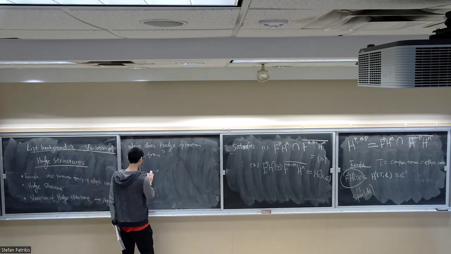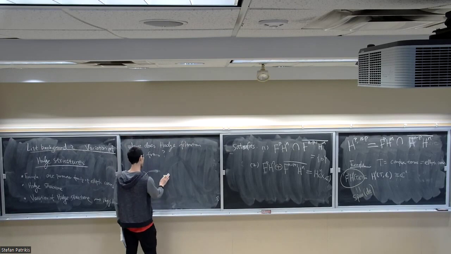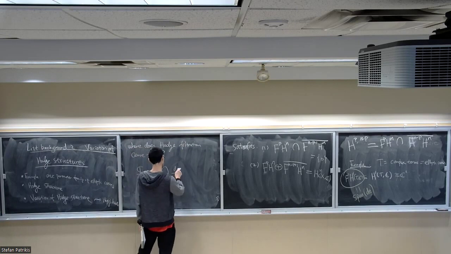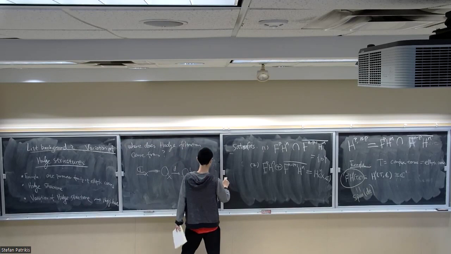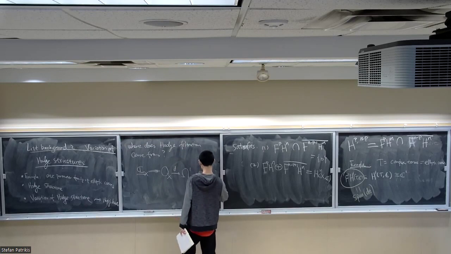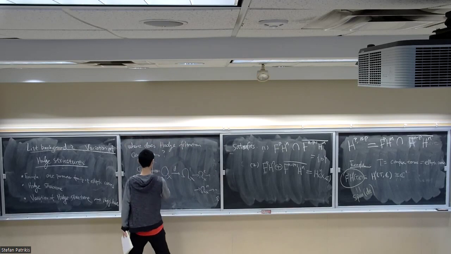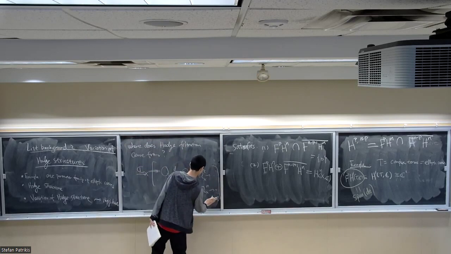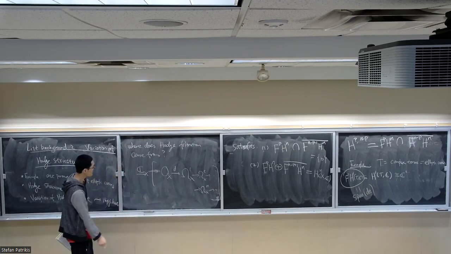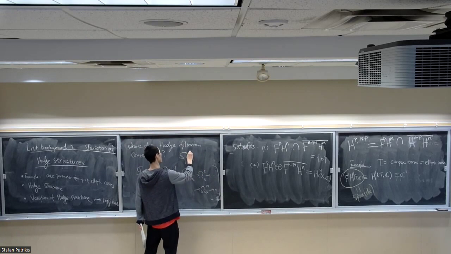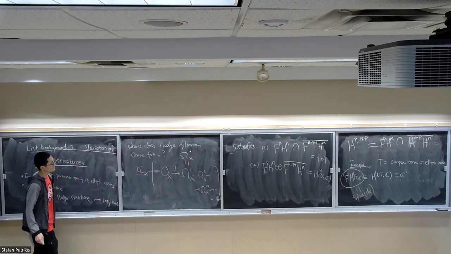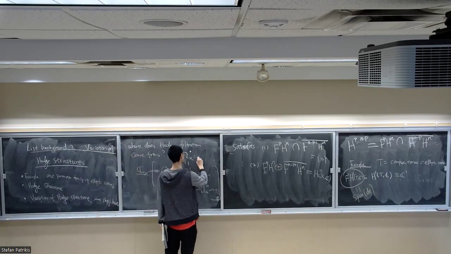You map this constant sheaf to the structure sheaf, and then you can take the derivatives, Omega^1, Omega^2, and so on up to Omega^n, then zero. This latter piece we denote as Omega_X^*, the de Rham complex.